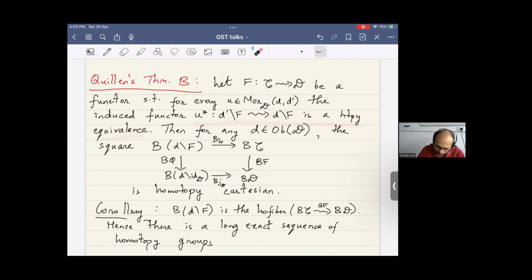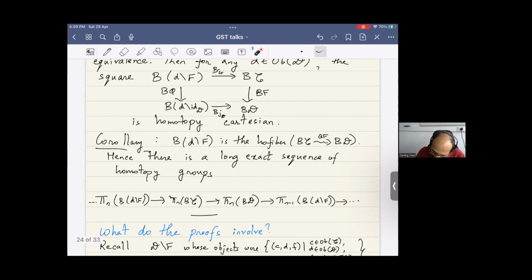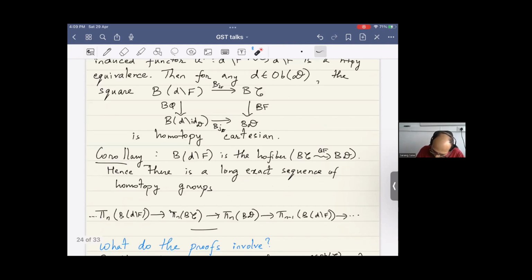This is crucial to any proof that occurs in K theory, and that's what it does. As a result, we get a long exact sequence of homotopy groups like this, where this is the classifying space of the comma category.